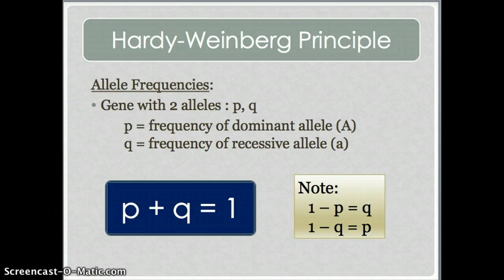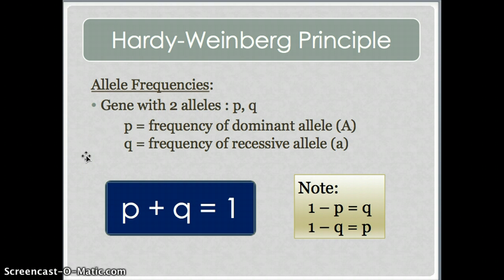These are the mathematical end of Hardy-Weinberg's principle. For allele frequency, for genes with 2 alleles, we have a p and a q to represent either the dominant allele or the recessive allele. Furthermore, we also use capital A and lowercase a to differentiate between the dominant allele and the recessive allele, respectively.